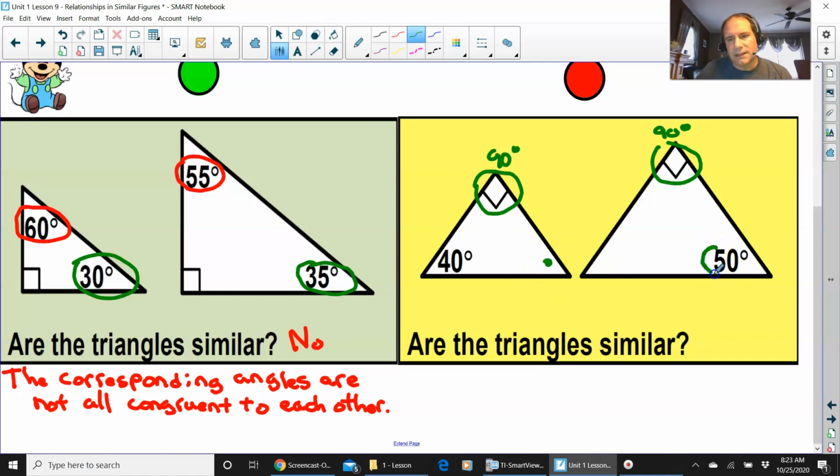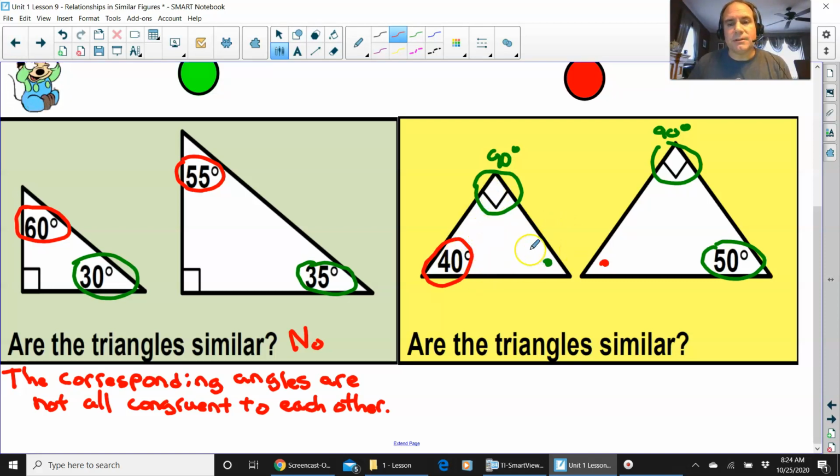Well, it's located right here, and since it's missing, we're going to move on. 40, where's that located here? Well, it's here. So we don't have the missing angle. We need at least two corresponding angles that are equal to each other, and we cannot do that right now.